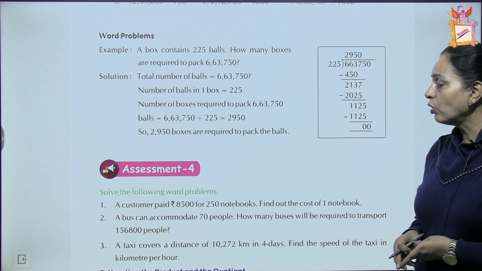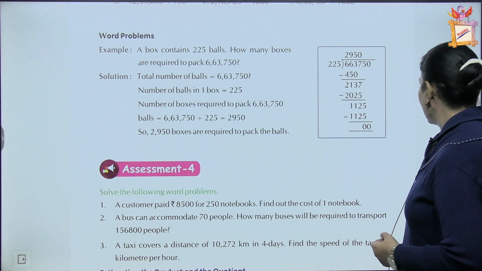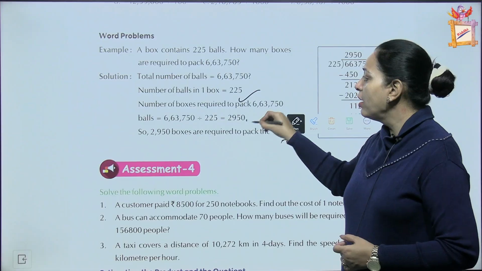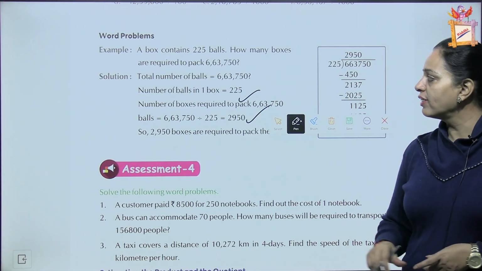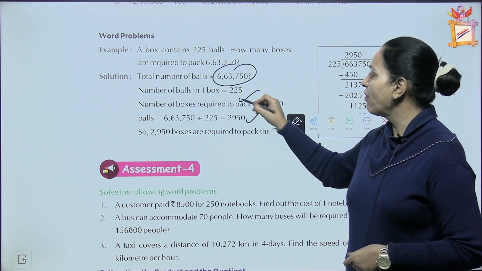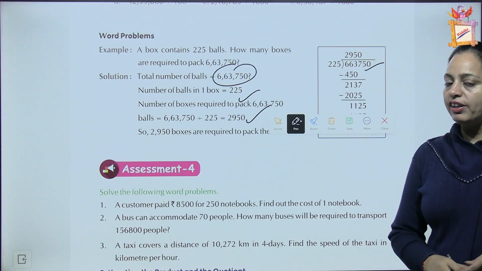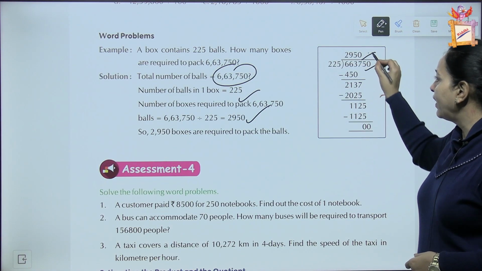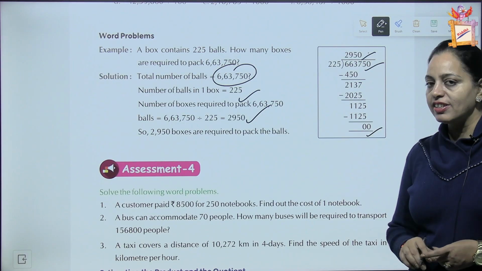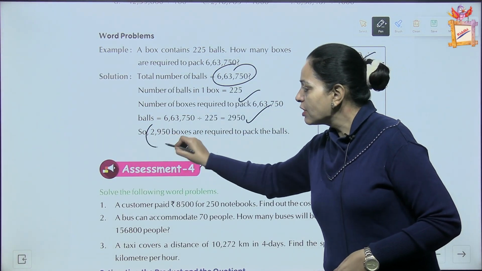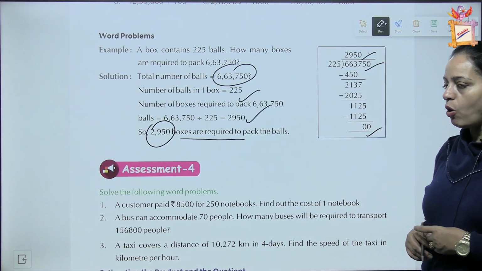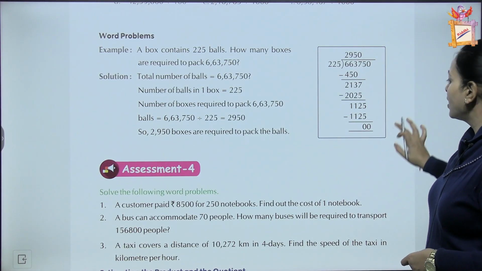It means total number of balls is this much, number of balls in one box is 225, number of boxes required is total balls divided by 225. So we do the division, we are getting this quotient, remainder is 0. It means this many boxes are required to pack the balls, right? So I hope this is clear to you.